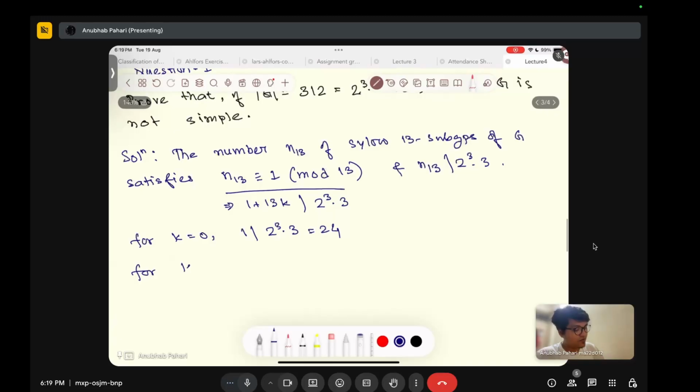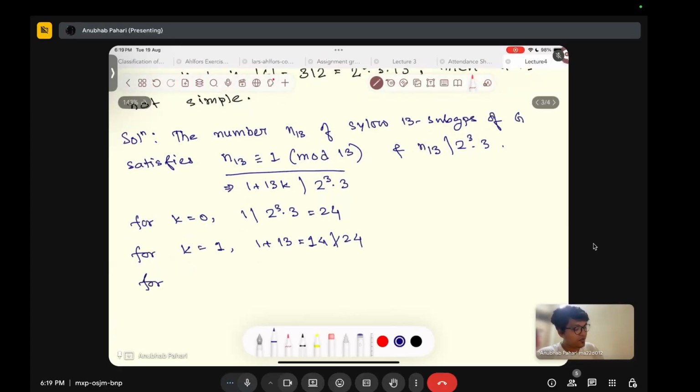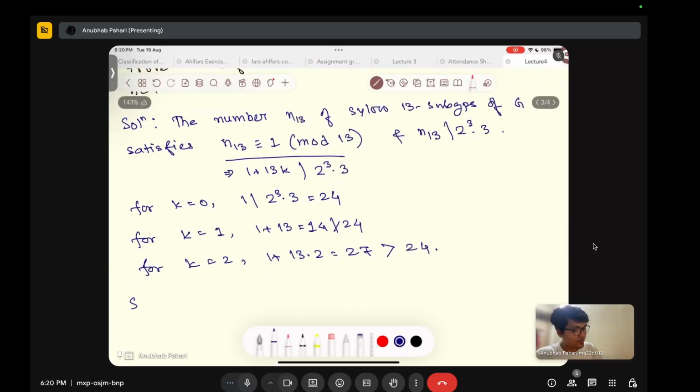For k equals 1, 1 plus 13 is 14, and 14 does not divide 24. For k equals 2, 1 plus 13 times 2 is 27, which already exceeds 24.